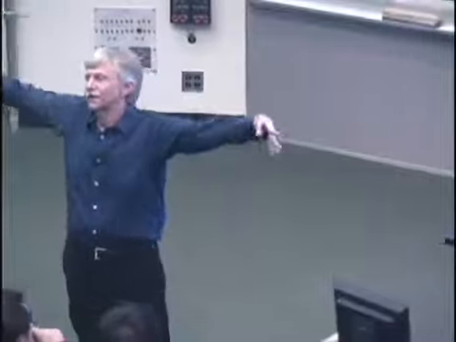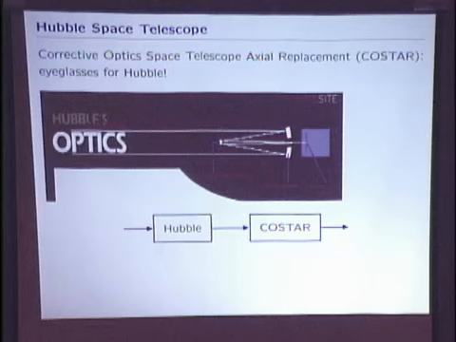So this 8-foot mirror, and the hair, that's about 100 microns in diameter. They were off by 2.2 microns. And because of that, it was a complete disaster. So that small error was enough to make the images terrible.